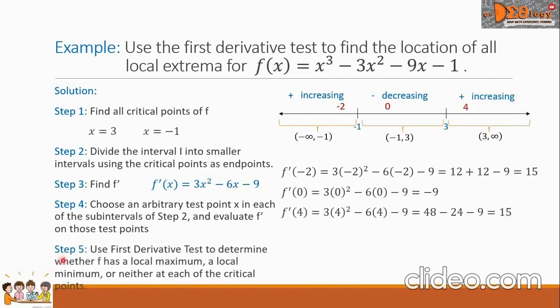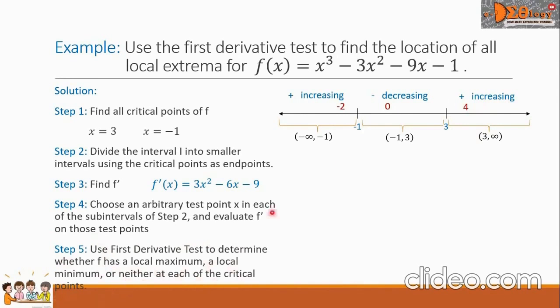Now, step 5. Use the first derivative test to determine whether the function f has a local maximum, a local minimum, or neither at each of the critical points. Our first critical point is -1.